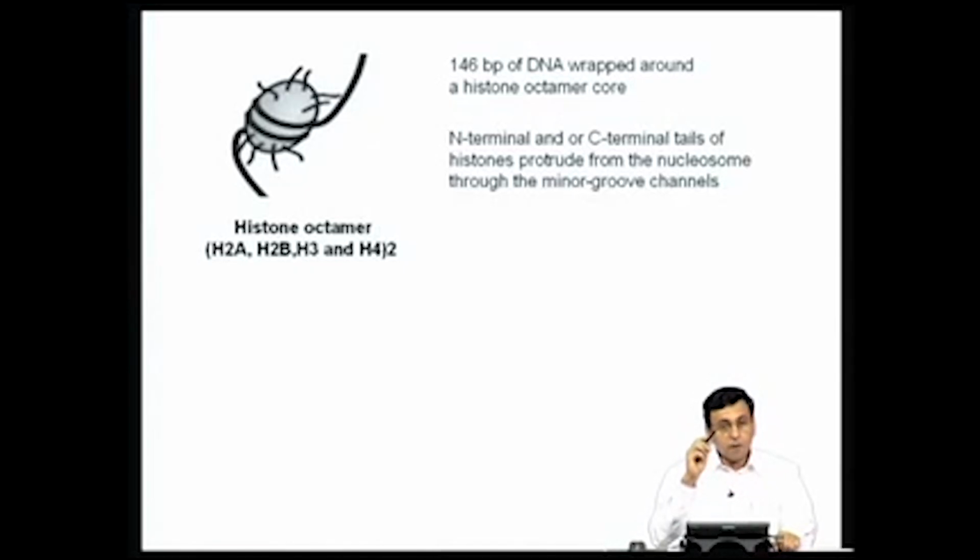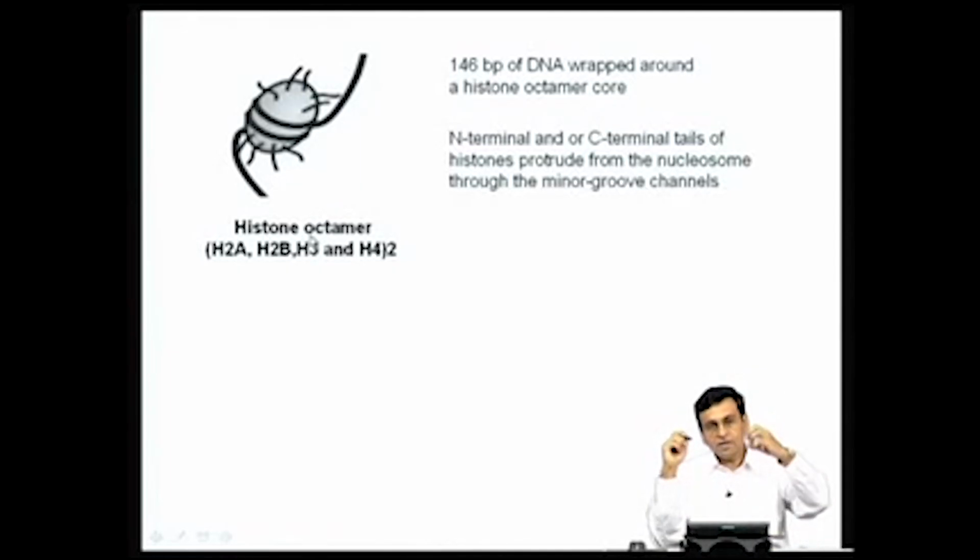What is very important for our gene regulation is that when these histones form the histone octamers, you can see there are thread-like structures depicted here. These are nothing but the N-terminal and C-terminal chains of each of these histones.